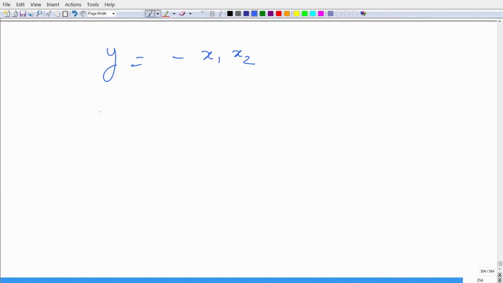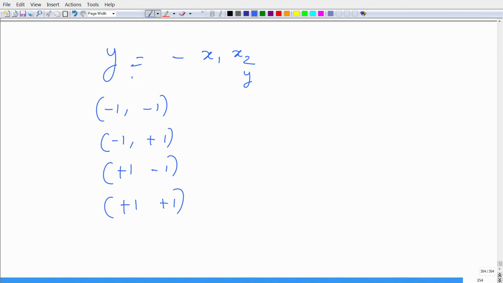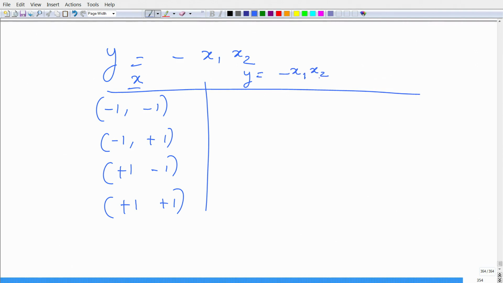So, I have the points minus 1 minus 1, minus 1 plus 1, plus 1 minus 1, and plus 1 plus 1. So, these are my x's in R2 and these are my responses y computed from minus x1 x2.